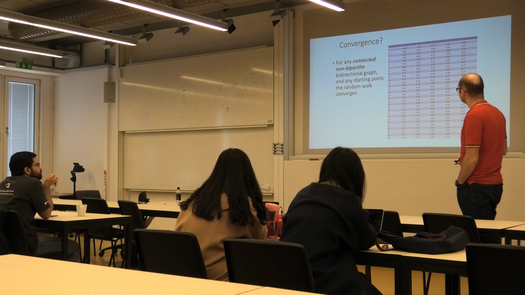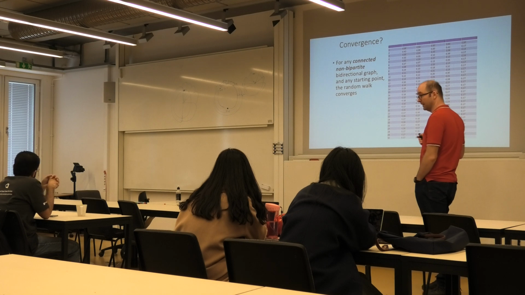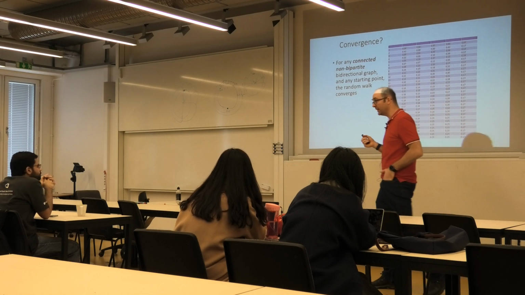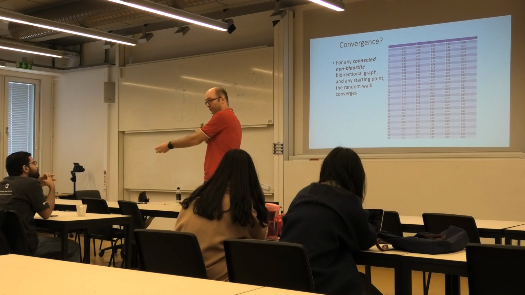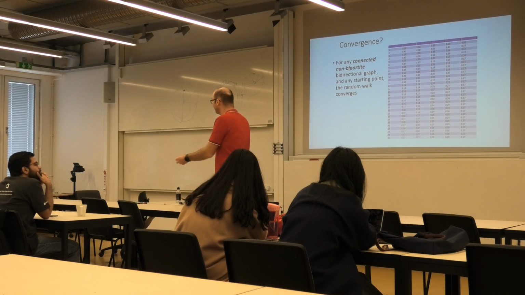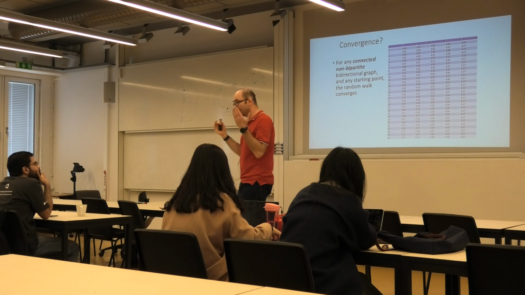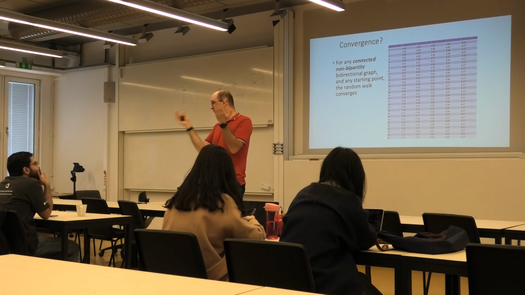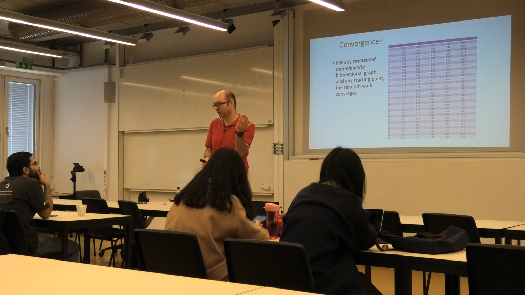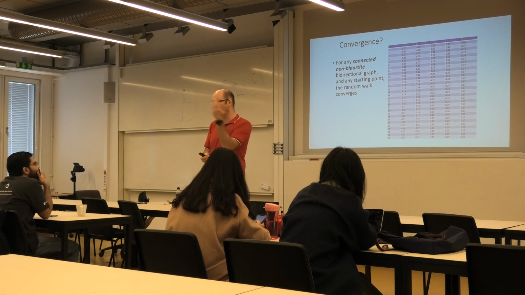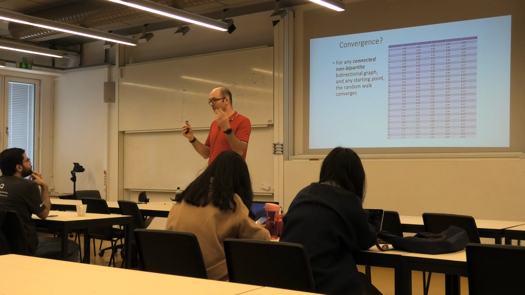And what we should know is that for any connected graph, which of course means the random walk has a chance to go everywhere, and non-bipartite, meaning there's no oscillation, because bipartite would imply no convergence. You keep on going left and right and nothing converges.